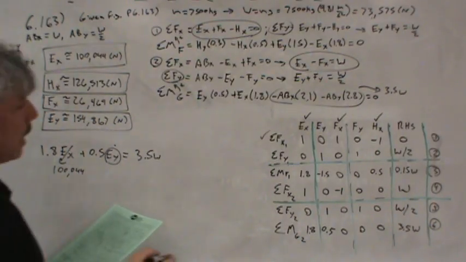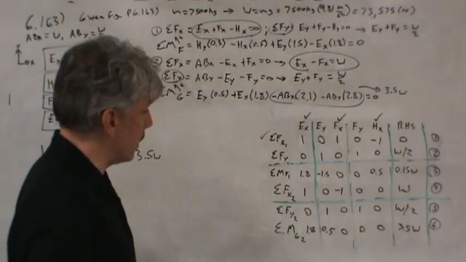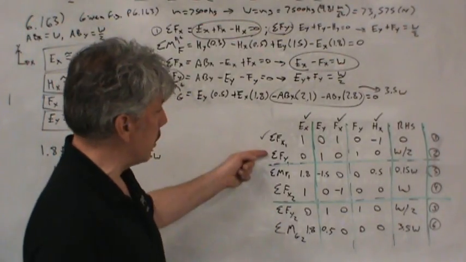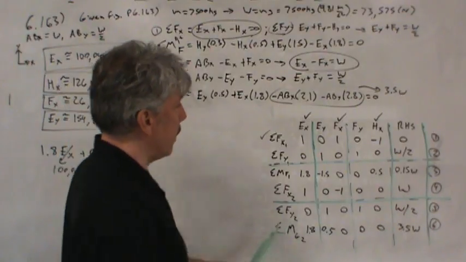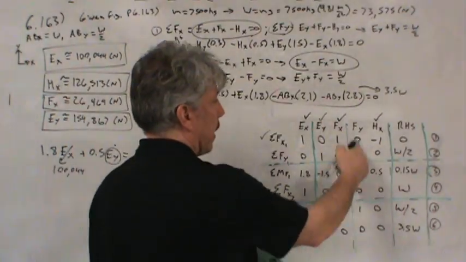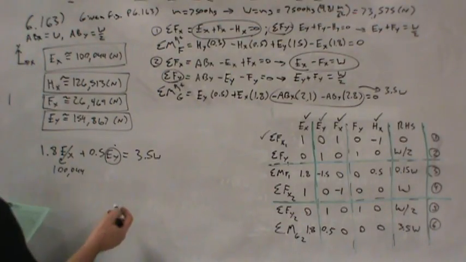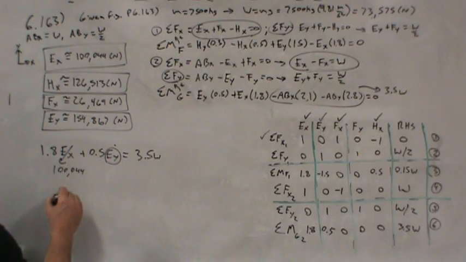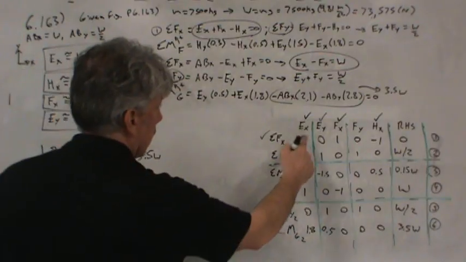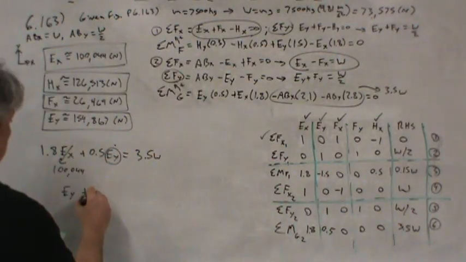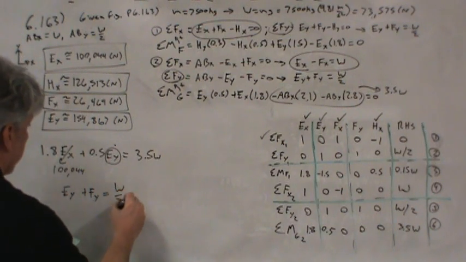And that then allowed me to calculate Fy because it looks like equation 5 or equation 2, which are the same thing. If you know Ey, you should be able to figure out Fy. Basically what it says is Ey plus Fy equals W over 2.